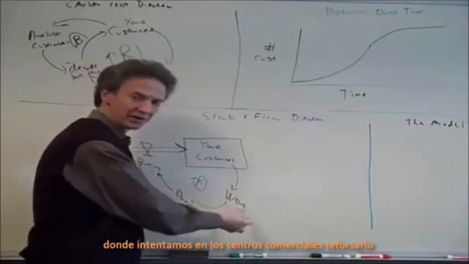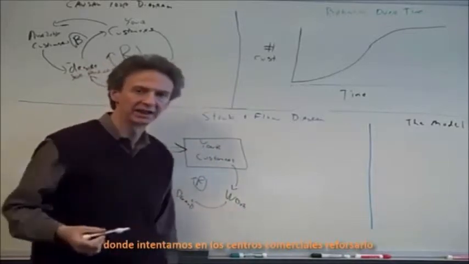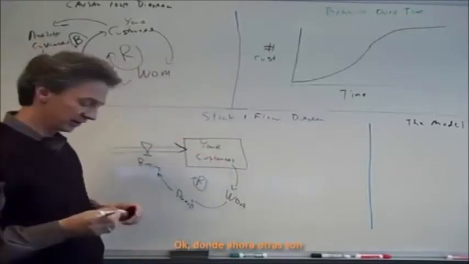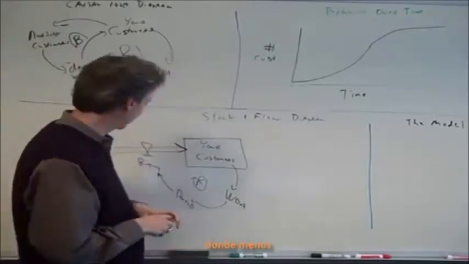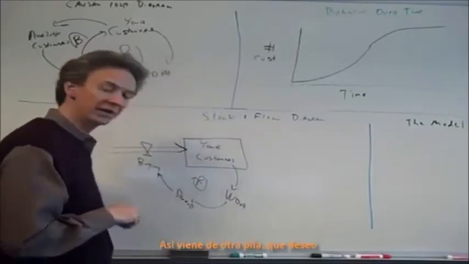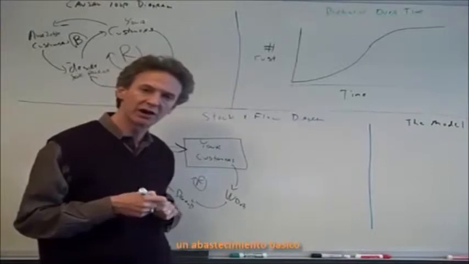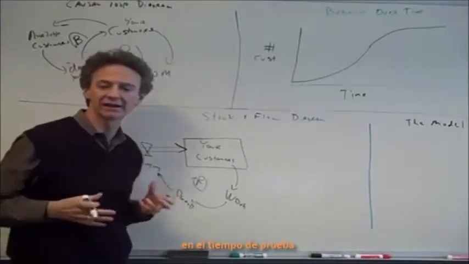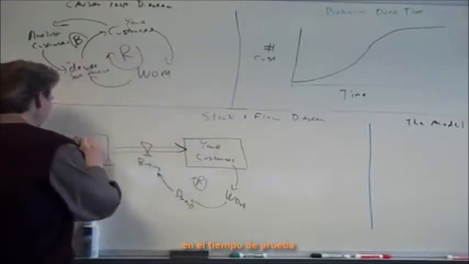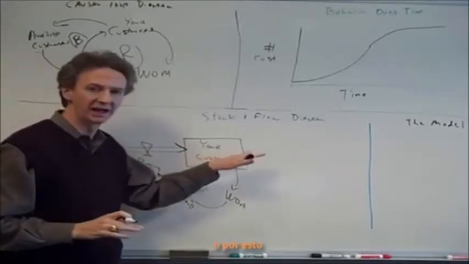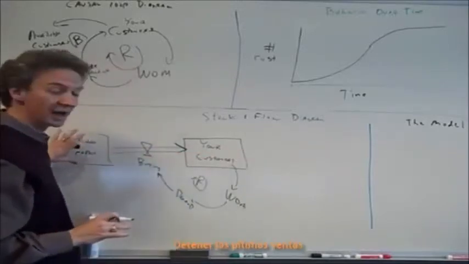And we'll figure out how to measure these things when we get to Excel. Okay, now let's talk about this other loop. Where are these customers coming from? They're coming from another stock, which we'll call available market. It's basically the stock of your non-customers. As more people buy, this is an outflow from this stock.